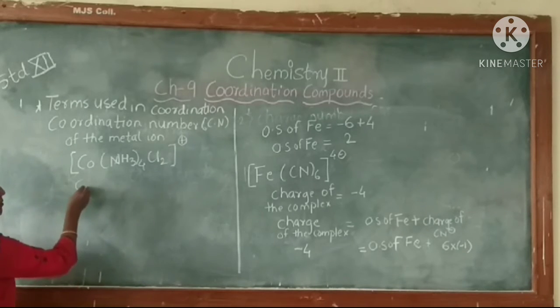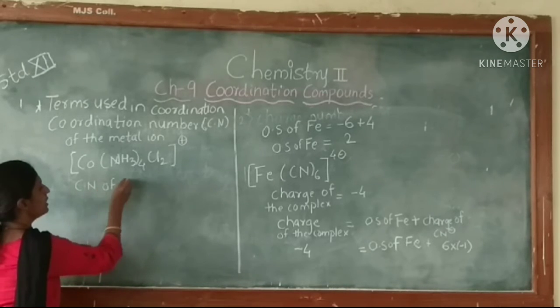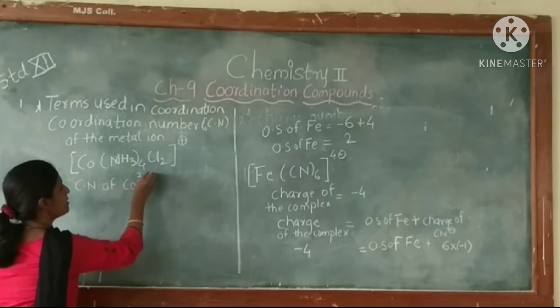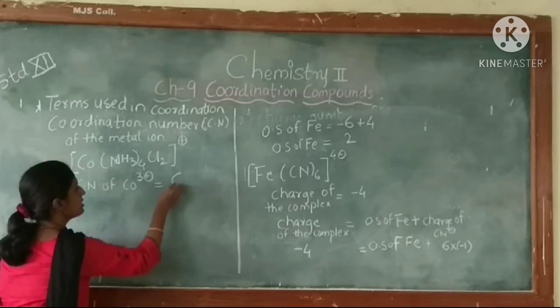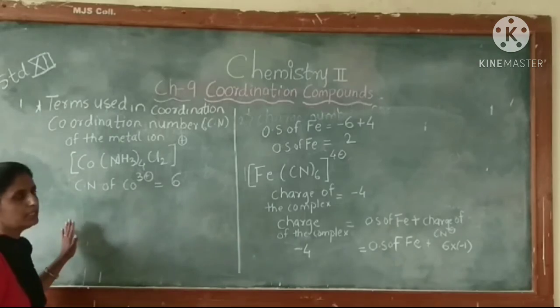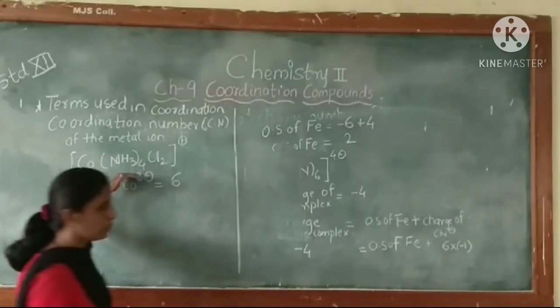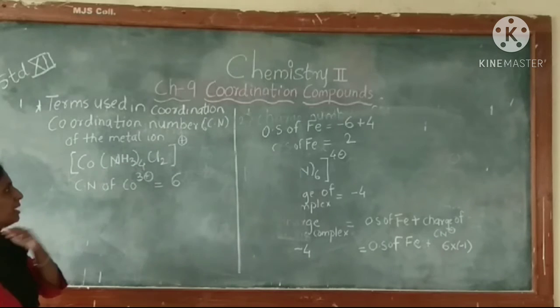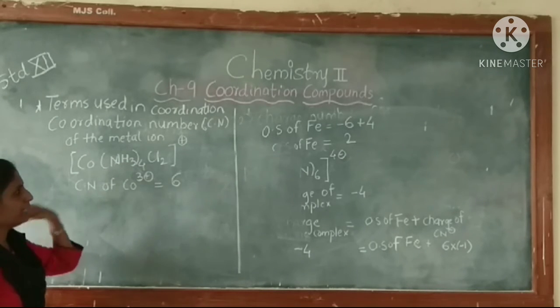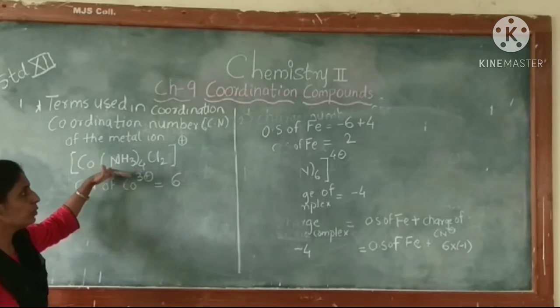So the coordination number of cobalt over here, where cobalt is in the +3 state, is 6. But this is not the case with a bidentate ligand. Here remember that the ligands are monodentate. We have seen what is meant by monodentate, bidentate as well as polydentate.